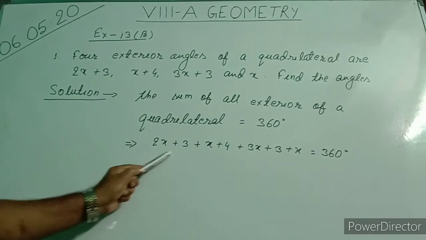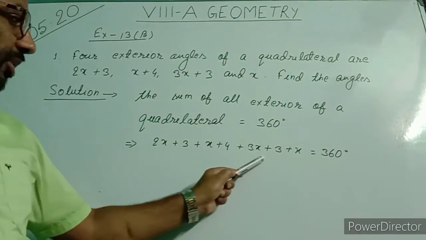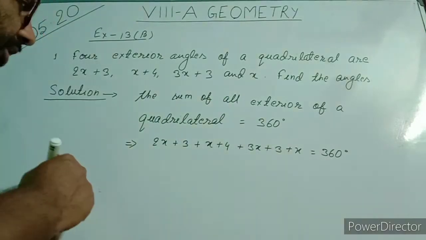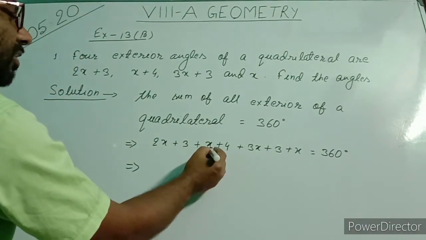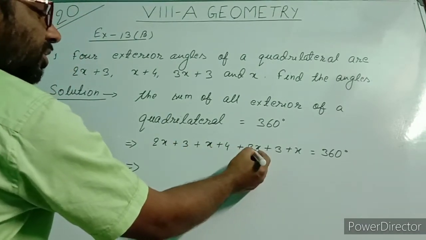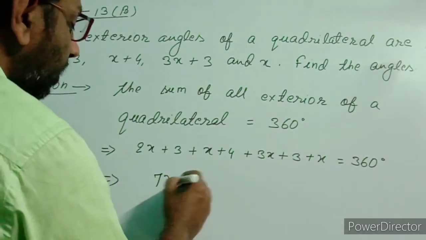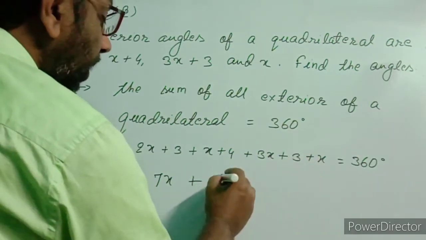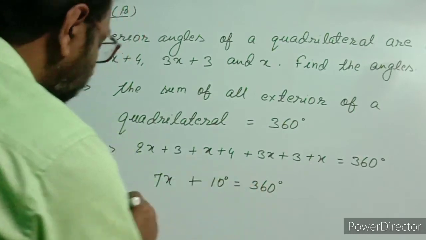Now add it: 2x plus x, 3x, 3x plus 3x, 6x, 6x plus x, 7x, plus 3, 4, 7, 3, 10, equal to 360 degree.